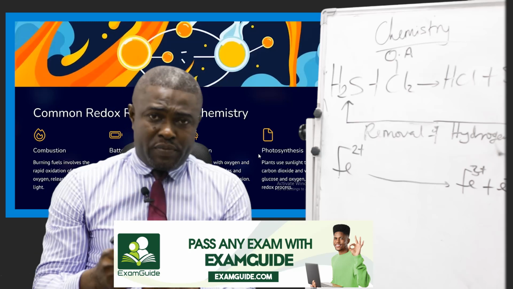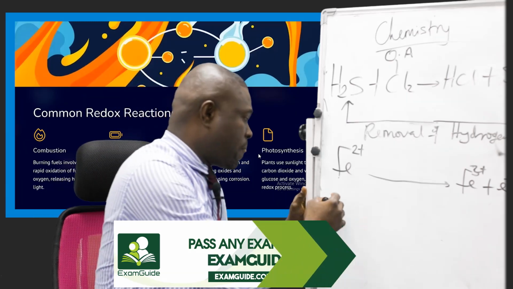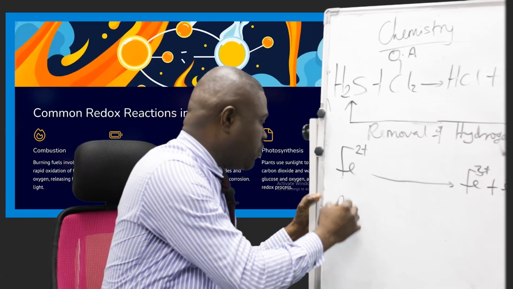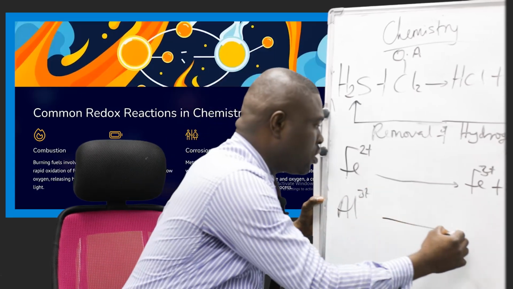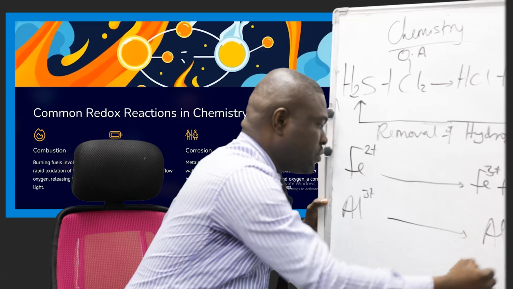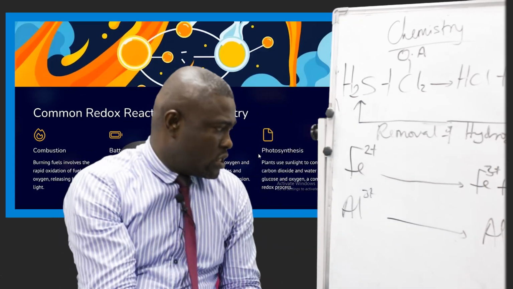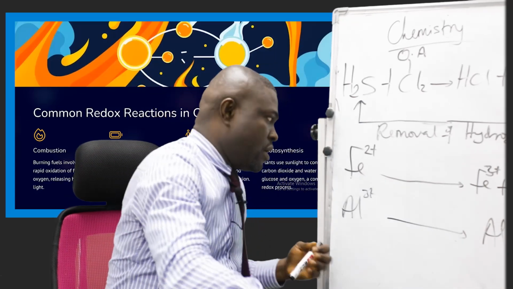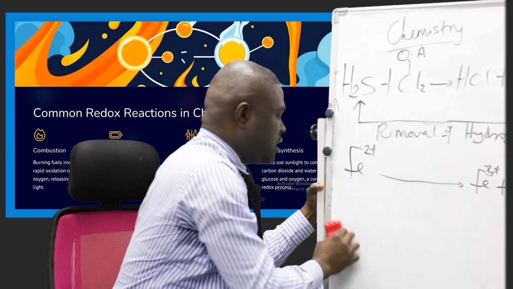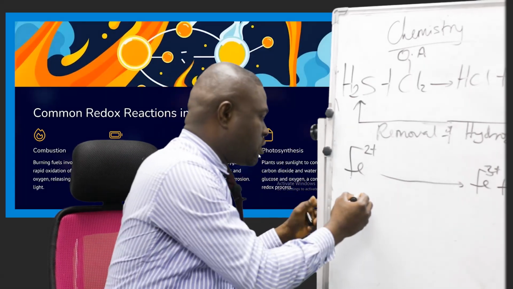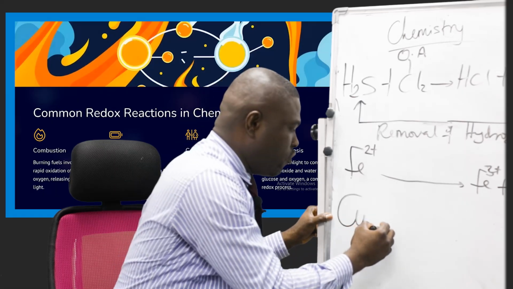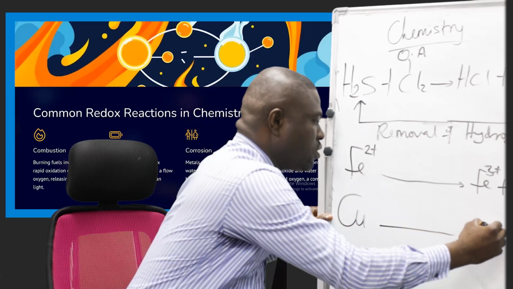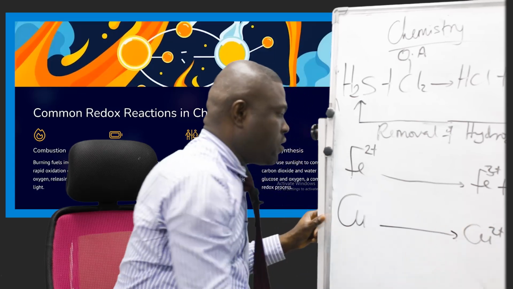Now, let's take another example. Let me do it the other way around so that you understand it. This is copper moving to copper(II).